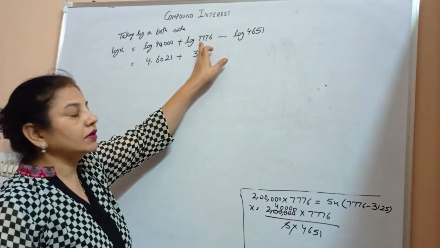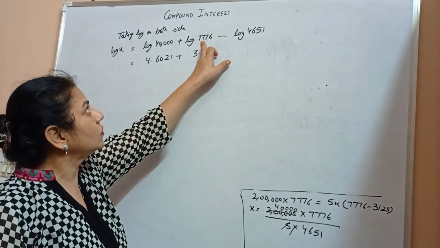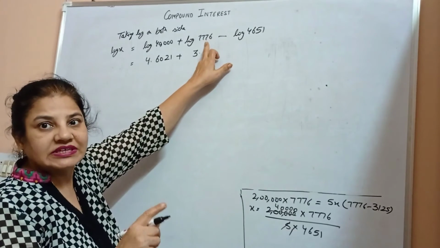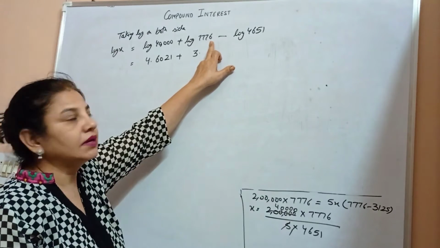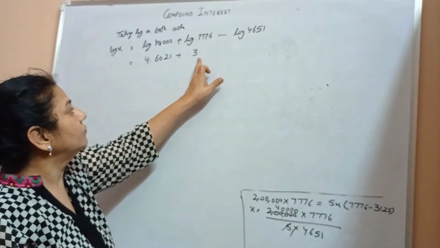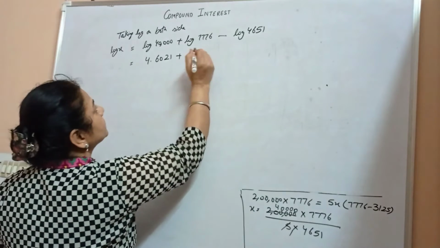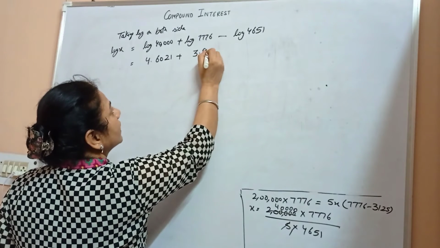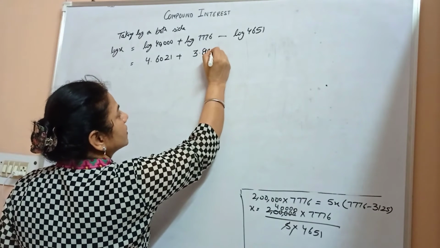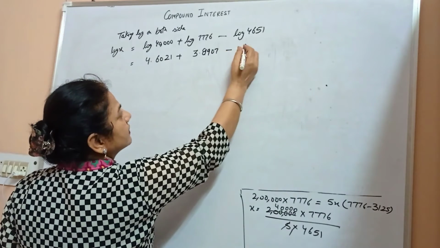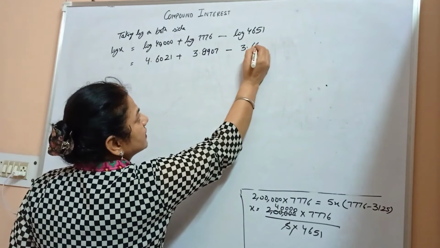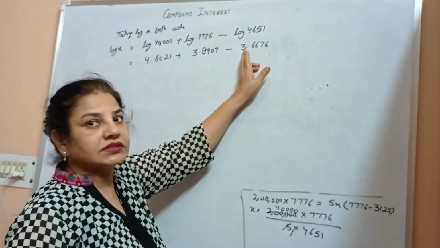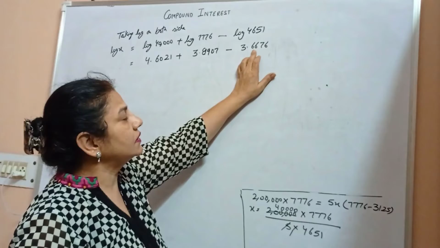For log 777.6, you check log 77, then go horizontally to 7 and then add the number under 6, which gives the result 3.8907 minus 3.6676. For 4651, again there are 4 digits, so 3 is the characteristic and the mantissa will be 6676.